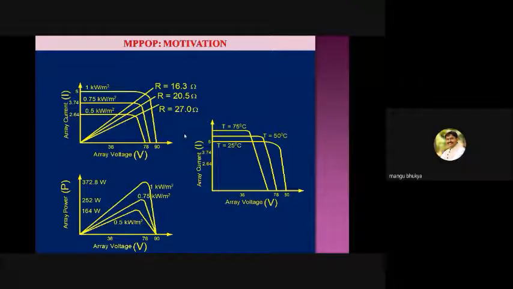Suppose Hyderabad is a critical load, so they will not cut the power supply there. But the villages, where the priority is less, get shut down, and they always balance the load demand with the source. But here, it is opposite to this, so we have to go by seeing the source behavior.